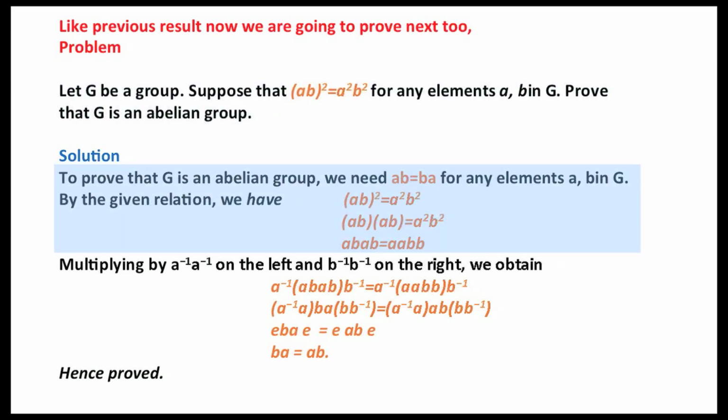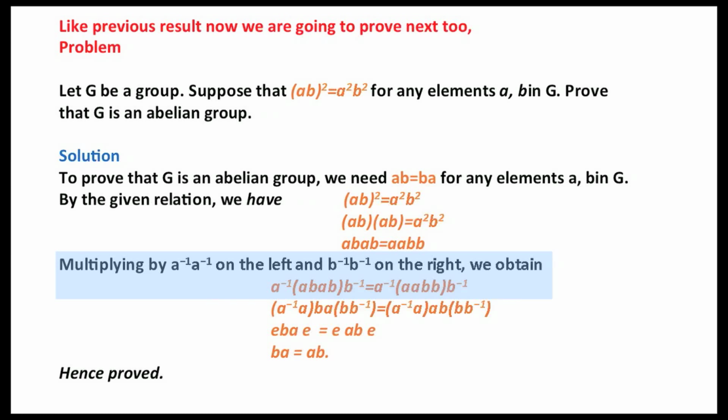To prove that G is an Abelian group, we need ab = ba for any elements a, b in G. By the given relation, we have (ab)² = a²·b². ab·ab = a²b². ab·ab = aabb.